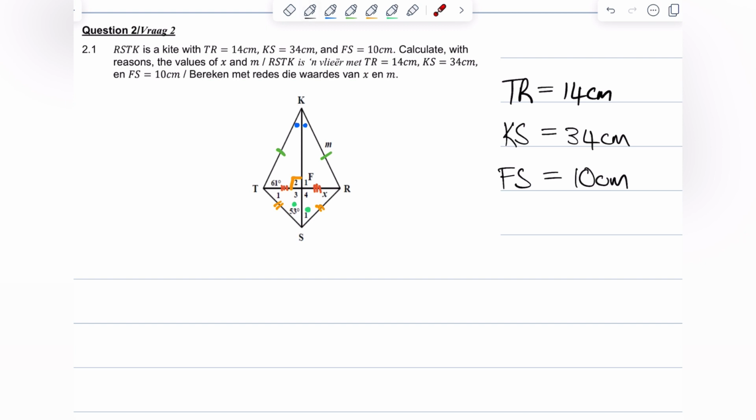So if I look at triangle RSF, or RFS or SFR, it doesn't matter how you name it, I can see that angle x plus this angle here plus that angle here, if I add them together, they must equal 180. Now, we noted earlier that because this long diagonal bisects this corner angle, S1, which is in the triangle we're working in, is also equal to 53 degrees.